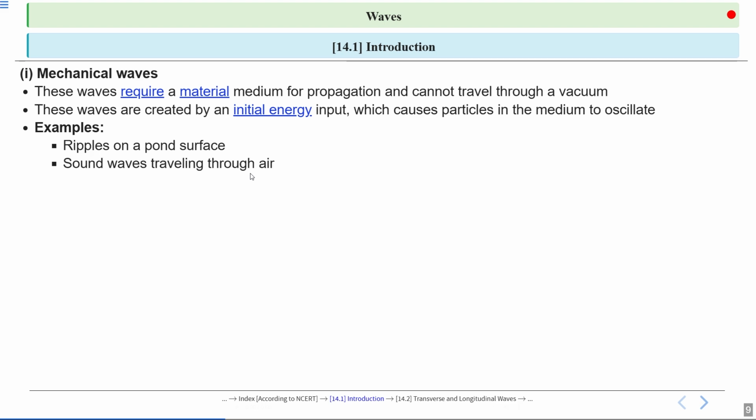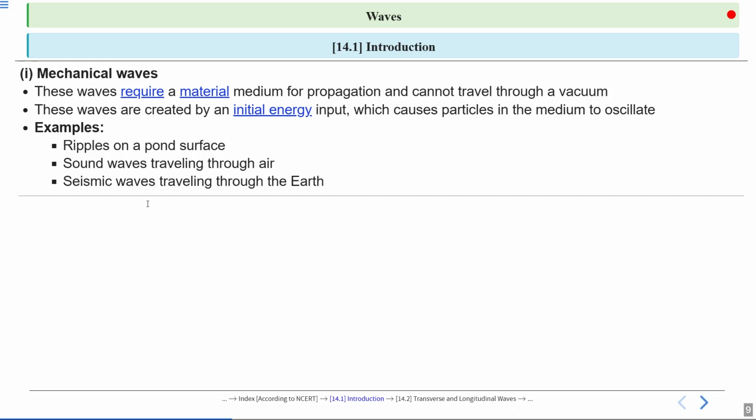Another common example is sound waves traveling through air. When you speak, your vocal cords vibrate and push air particles, creating compressions and rarefactions that move through the air to your listener's ear. Without air, like in a vacuum, sound cannot travel at all.